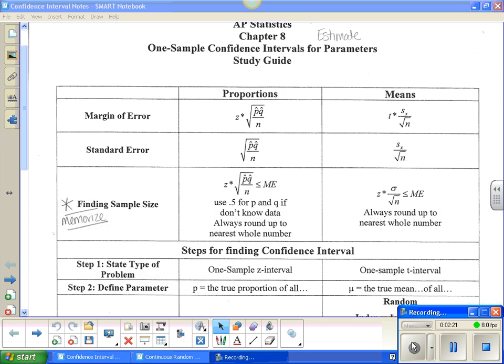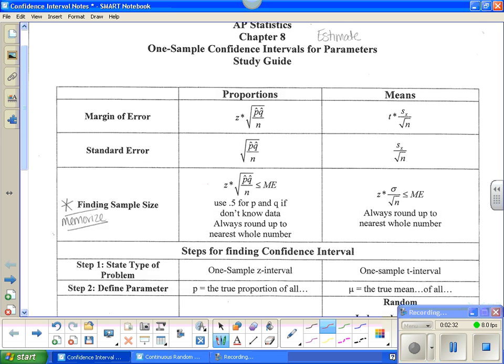Your margin of error is your critical value and your standard deviation, because that's going to come into play when we find your sample size. Standard error is just your standard deviation. What's your margin of error? Critical value times the standard deviation.